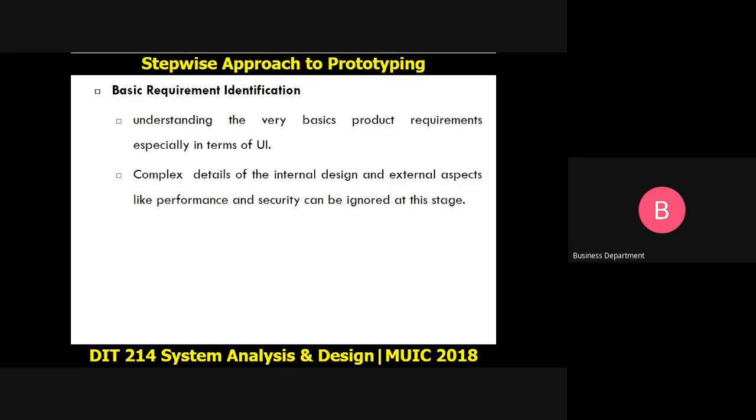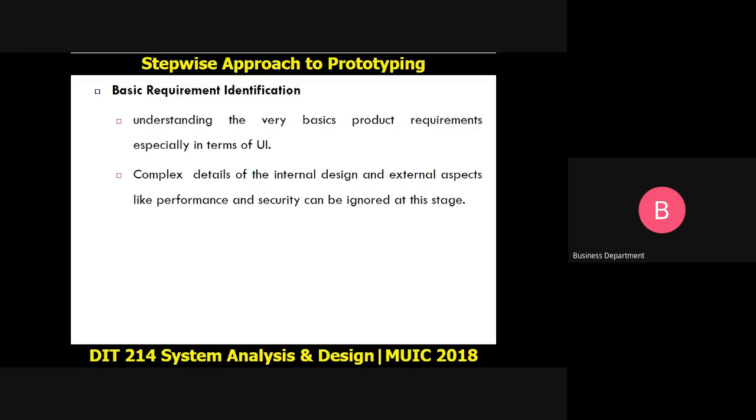Issues to do with complex details of internal design, and things to do with external aspects like performance of the system and security, will not be dealt with when you are doing the requirement identification.